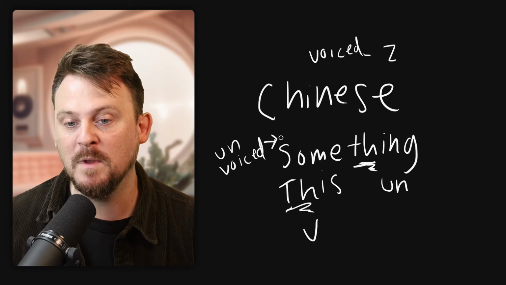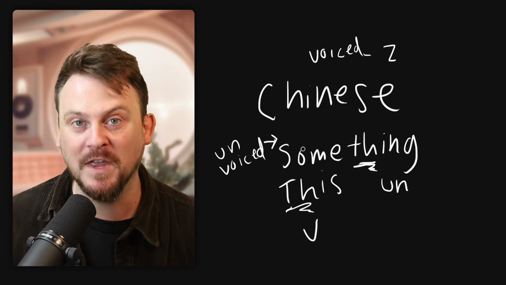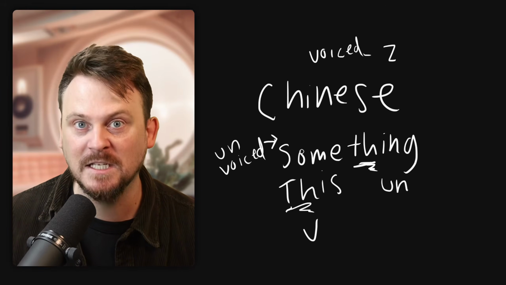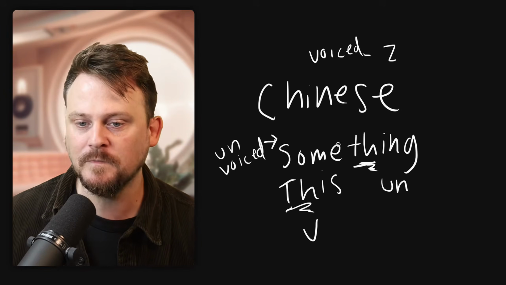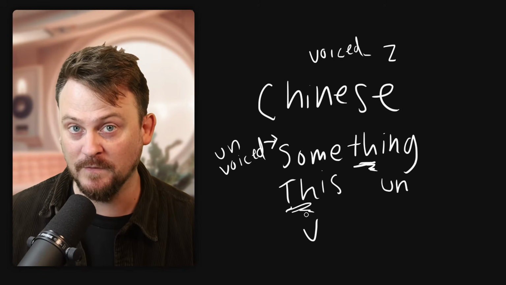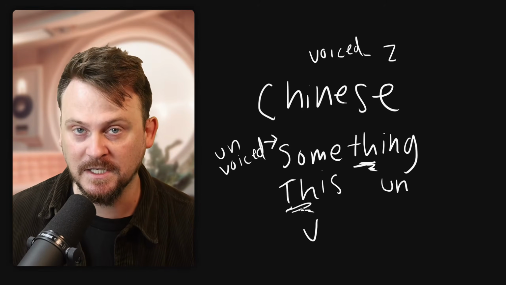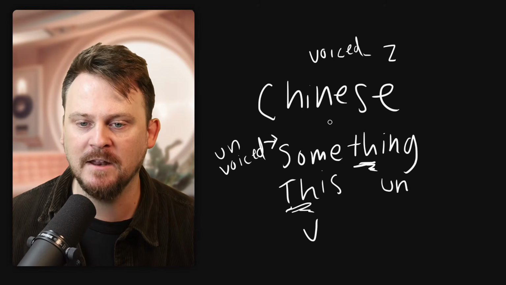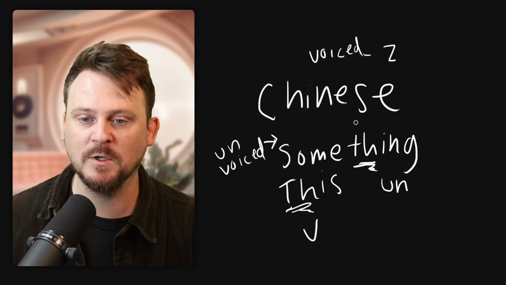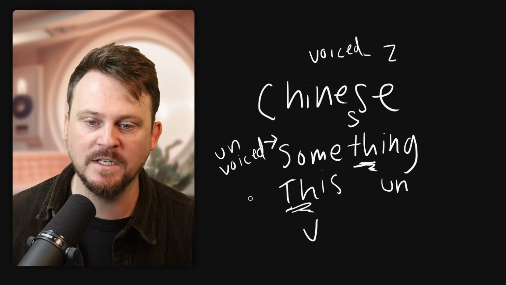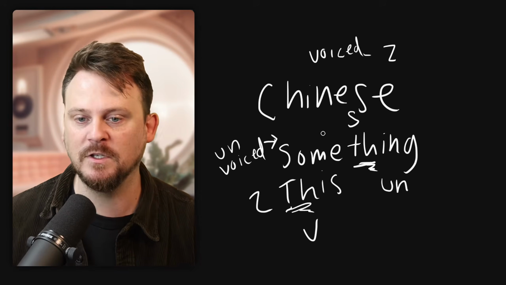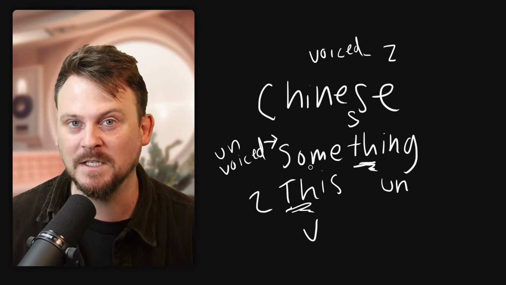So this word would be pronounced something, the voice is not carried through, and this is pronounced with the voice, this. But what tends to happen is that this, for Chinese English speakers, becomes an unvoiced S, and this becomes a voiced Z sound. So it's like this, something.